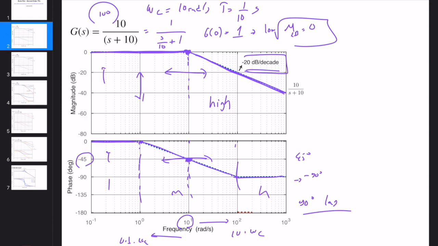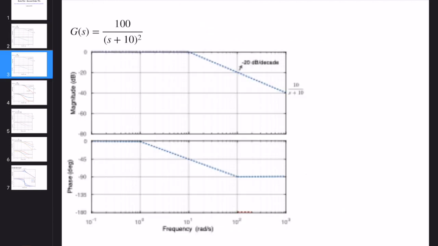So from this perspective, you can easily understand that first order systems share the same graphical features, but based on the gain and the pole, you just shift the Bode plots horizontally or sometimes in the vertical direction. Okay, now let's talk about second order systems.